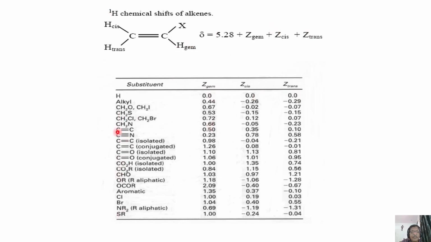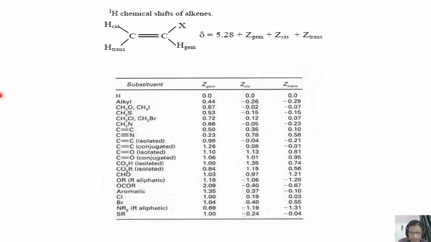If it is CH3, take 0.66 as geminal, and if it is, let us say, bromine trans, take 0.55. Like that you add up and you will know what the chemical shift for this proton should be. Like that you can easily do it. This is the basic idea I wanted to tell you about the Shoolery rule to predict the chemical shifts.